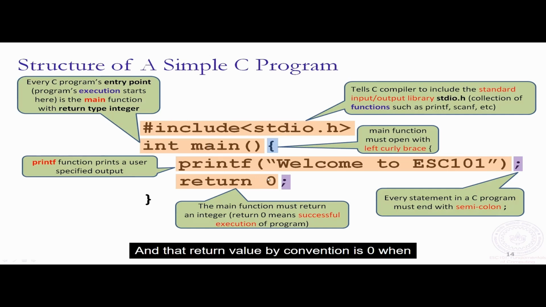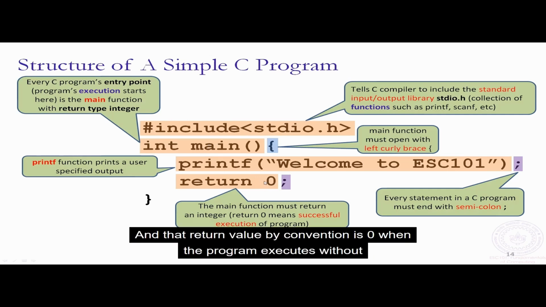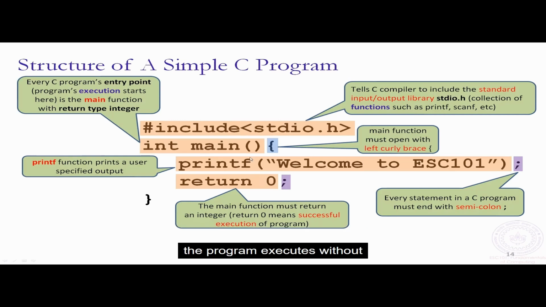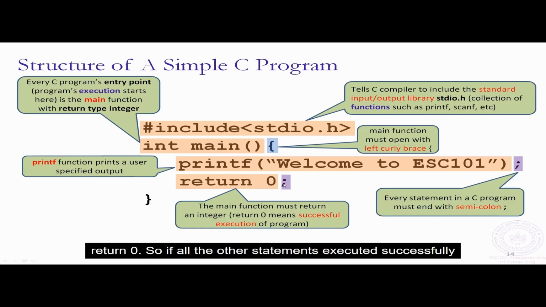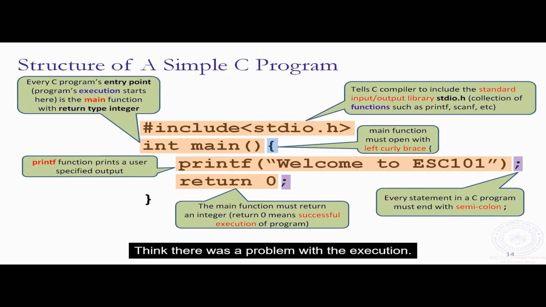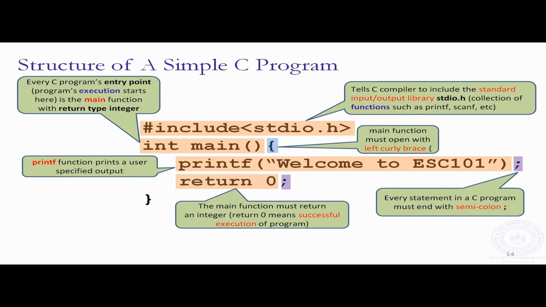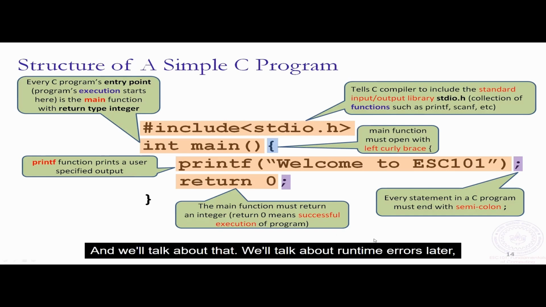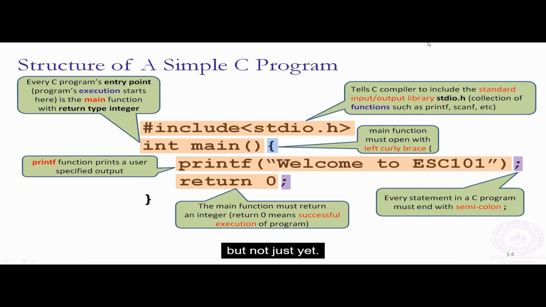And that return value by convention is 0. When the program executes without any problems, the last line is always return 0. The last statement, the last instruction is always return 0. So if all the other statements executed successfully, then it returns 0. Otherwise, it returns some negative number saying there was a problem with the execution. And we'll talk about that. We'll talk about runtime errors later, but not just yet.